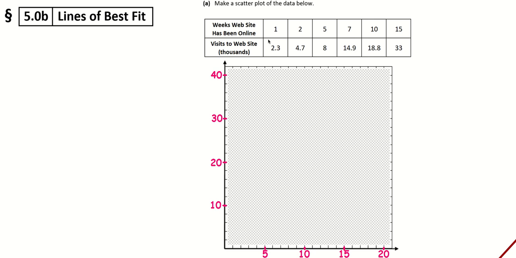I think this notes handout is basically 2 examples. Part A of the first example says, make a scatter plot of the data below, which is basically plot all these points.